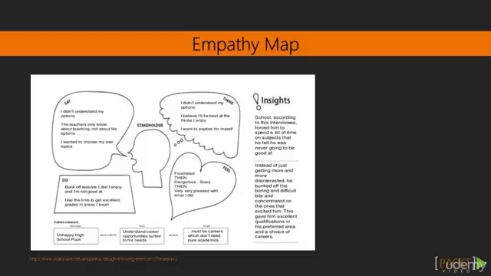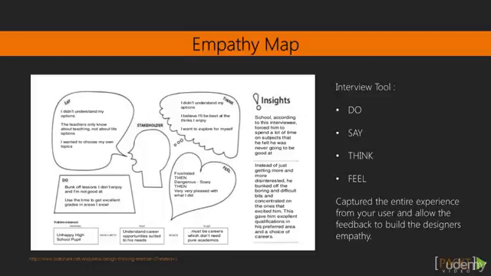This is an open-ended question that allows your interviewer to be able to observe and answer the do, say, think, and feel of their experience. If your user doesn't answer any of the perspectives that you would want, you can follow up with questions that allow you to flesh out these individual components.